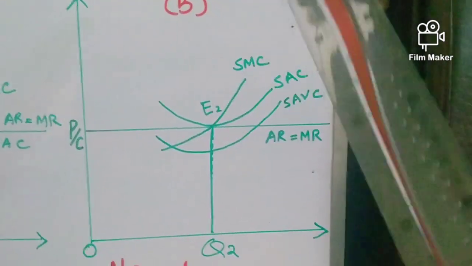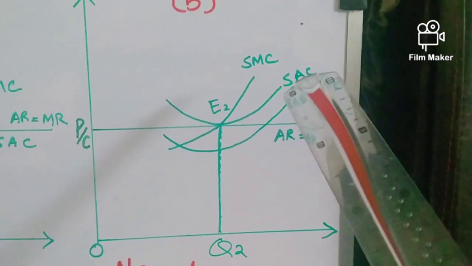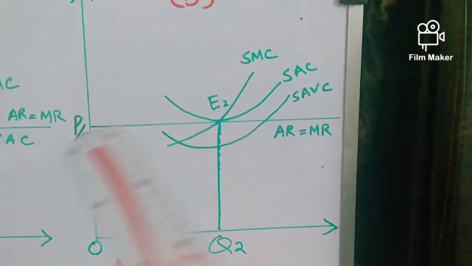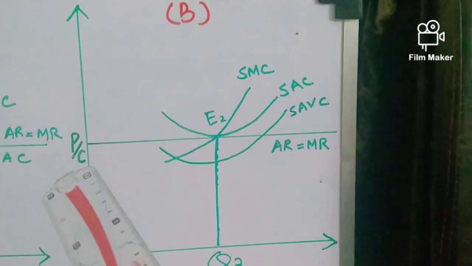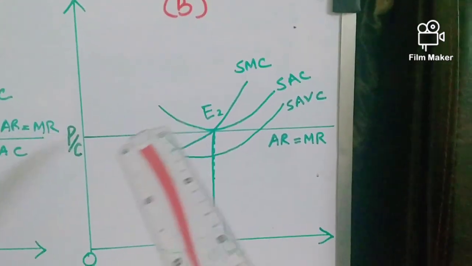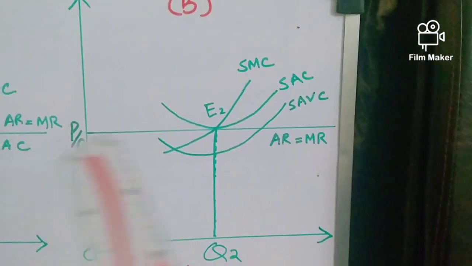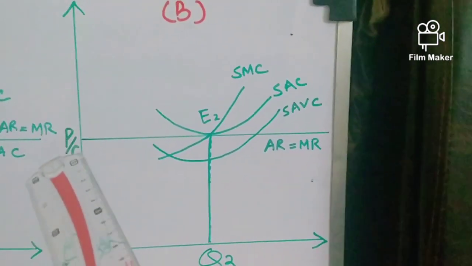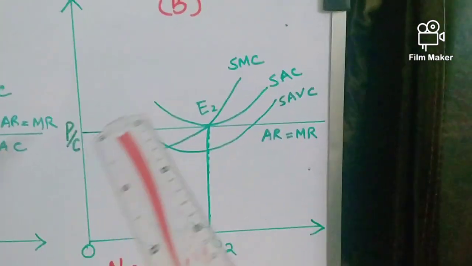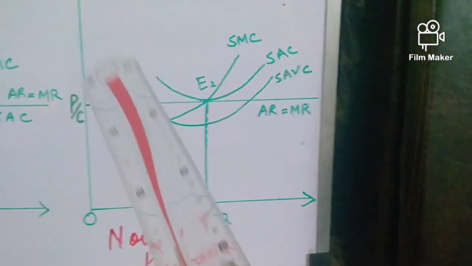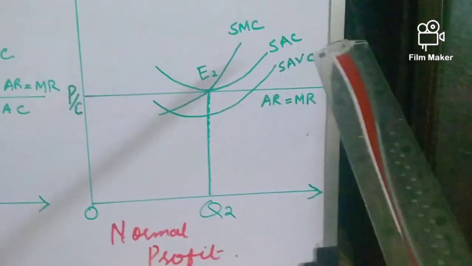Now you will observe that at point E2, the short-run average cost curve touches the price line, so price and cost are equal. So the firm earns normal profit instead of supernormal profit because both price and cost are equal.